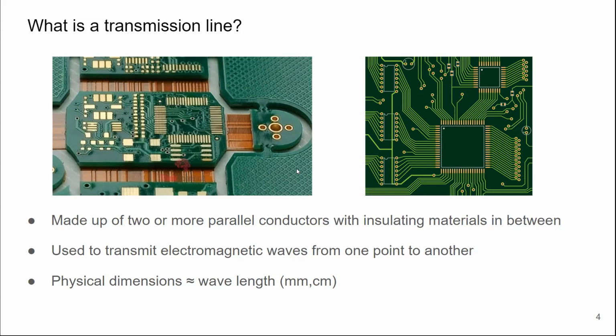The physical dimensions of the circuit components are in the millimeter and centimeter range, and we also know that the wavelength of microwaves is in the millimeter and centimeter range. So the wavelength of microwaves is almost equal to the physical dimensions of the components in microwave circuits.